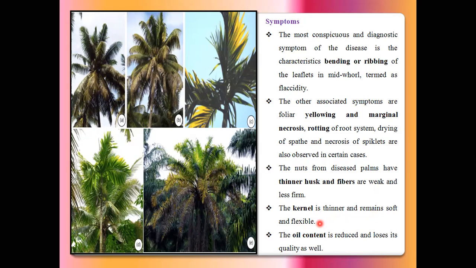Oil content is also reduced and loses its quality. Quality and quantity parameters are reduced when the infection is seen on the root portion of the coconut.